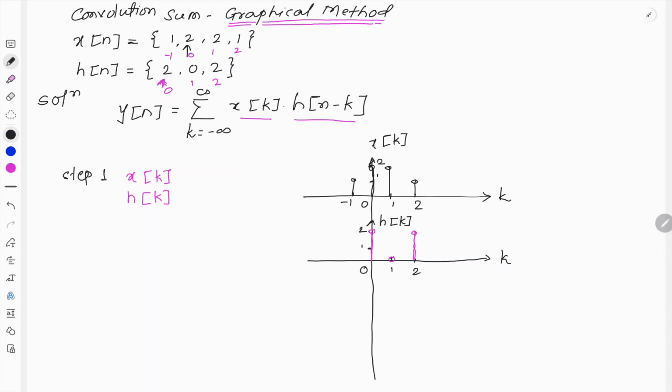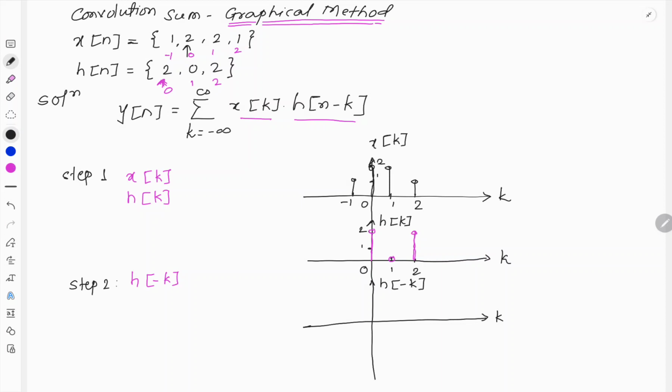Now step 2, we have to draw h of n minus k. Here, two operations are involved, which are folding and shifting. Out of folding and shifting, according to the precedence rule, we have to go with the folding operation. Therefore, we have to draw h of minus k first.